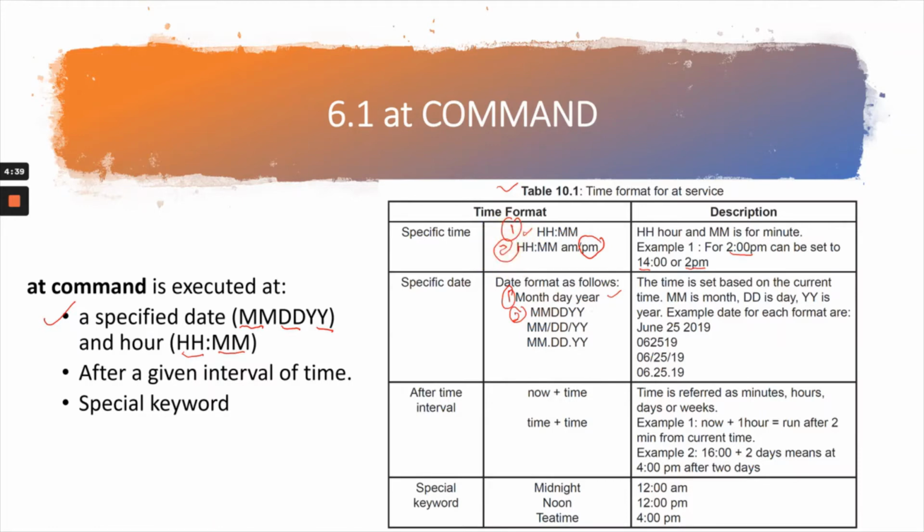Now let's look at the second way to execute the at command, which is after a time interval. You can use the first format, now plus time, and the second one, time plus time. Time here refers to minutes, hours, days, or weeks.